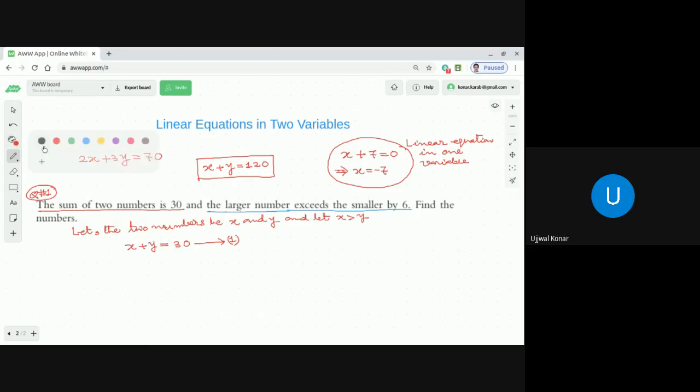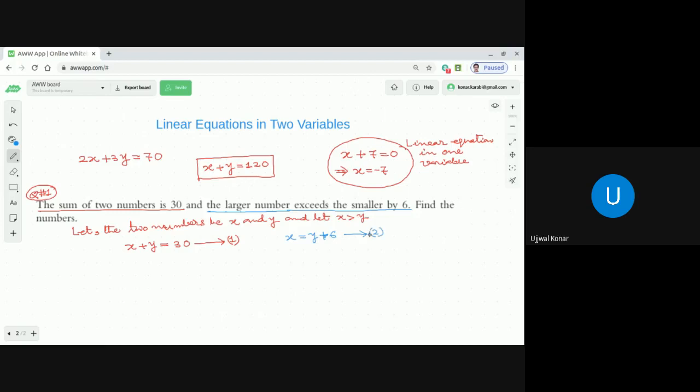Then from the second statement, the larger number exceeds the smaller number by 6, how can we express it? We can express it as x is equal to y plus 6. Correct or not? So now this is equation number 2.